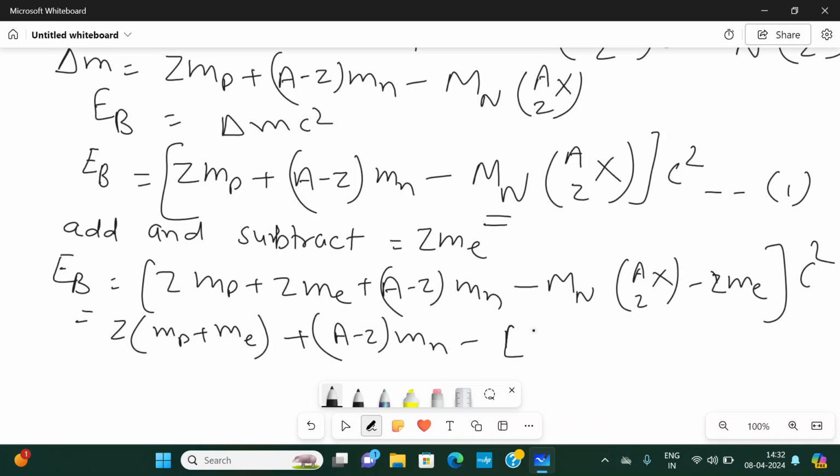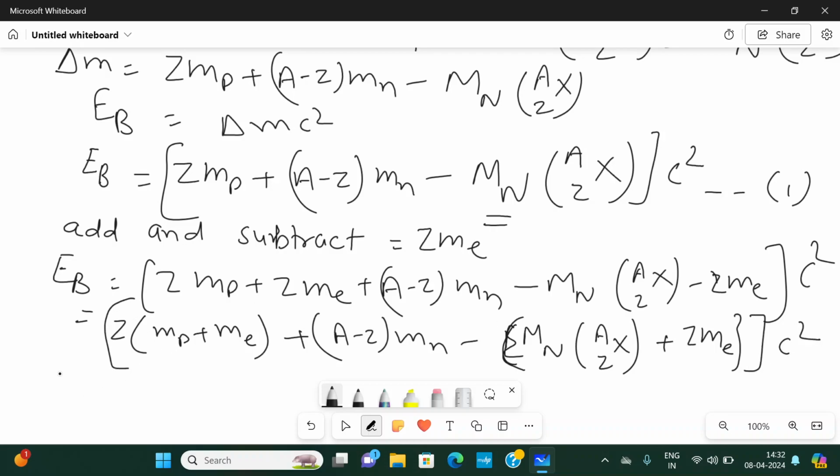Taking Z common, we get mp plus me in the bracket plus A minus Z mass of neutron, and taking the minus sign outside the bracket, we will get M_N of A Z X plus Z me. An element having one proton and one electron is hydrogen. So this will become the mass of hydrogen.